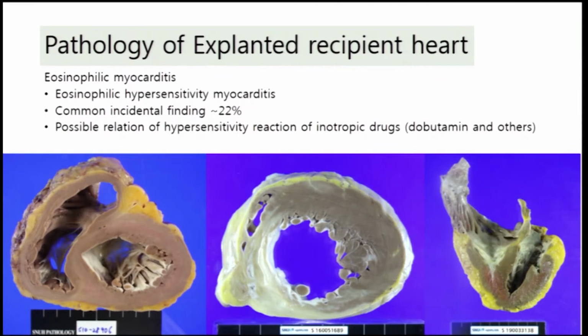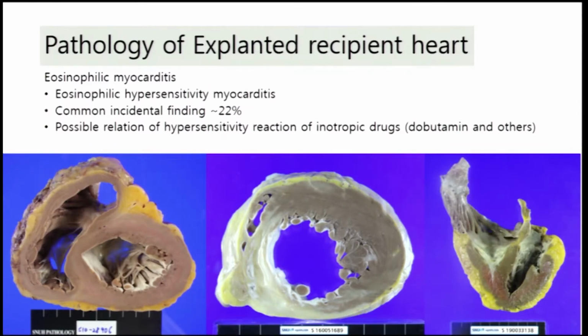Recently, I experienced several examples of eosinophilic myocarditis, and there are also several reports that eosinophilic myocarditis is very common in transplant hearts. It is very unusual in autopsy series, but eosinophilic hypersensitivity myocarditis is a common incidental finding, although the clinical diagnosis was just DCMP, the pathologic diagnosis changed it to eosinophilic myocarditis.